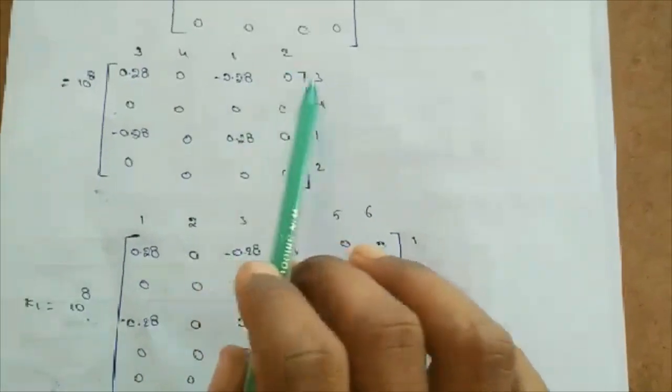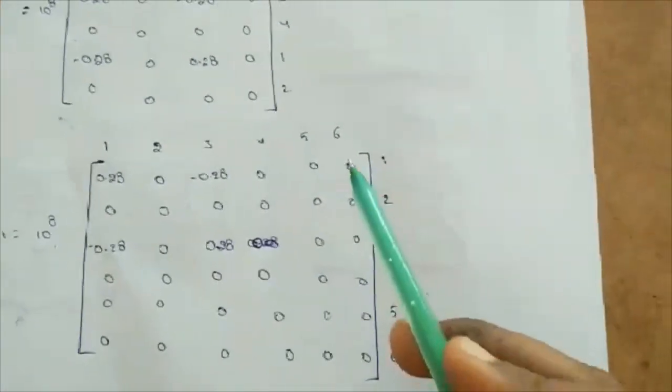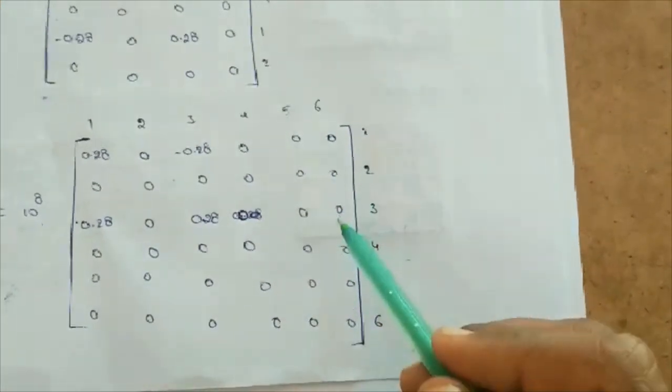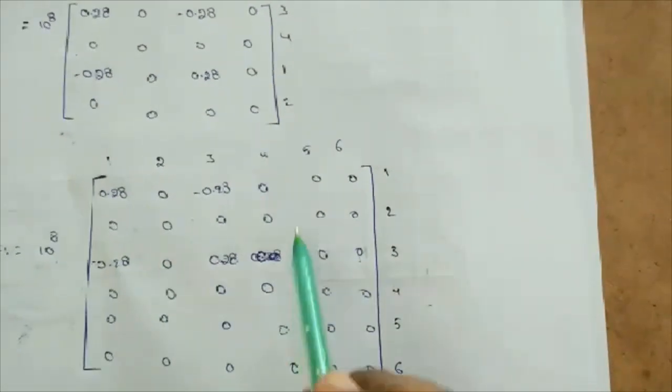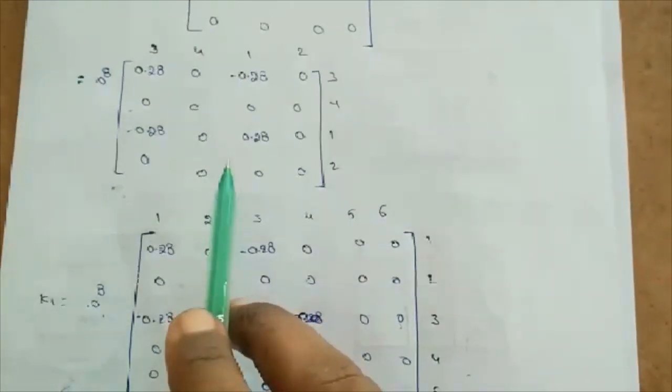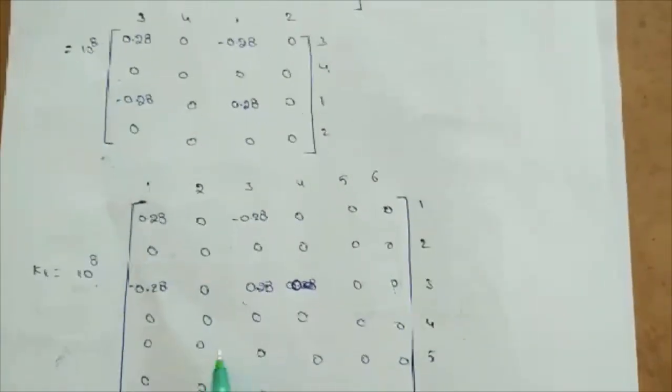So you have to keep the fifth row, sixth row, fifth column and sixth column as zeros. The remaining places are filled with this matrix. This is the K matrix, the element stiffness matrix for the first element.